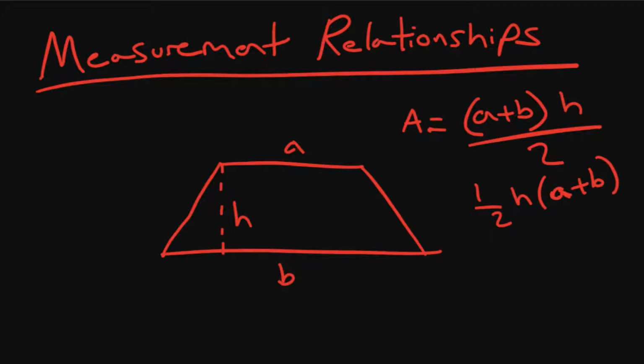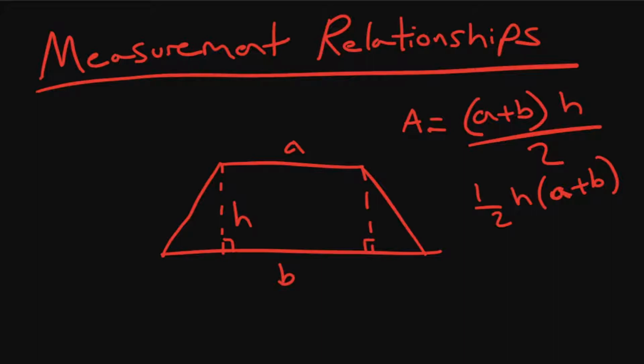And this one is also derived from having these two triangles. So if you were actually to sit down and do the math, it's a very long process, but kind of neat to visualize.